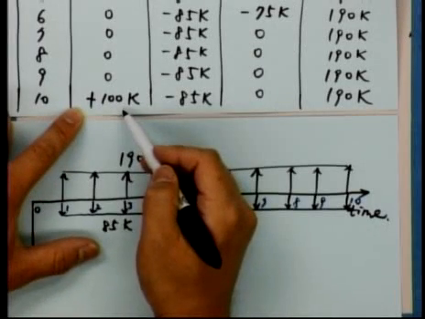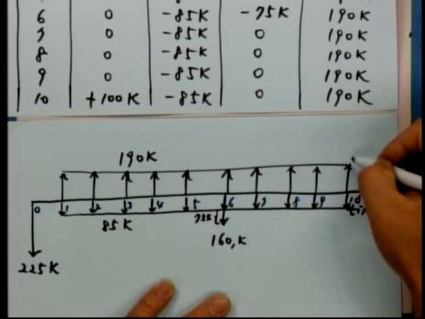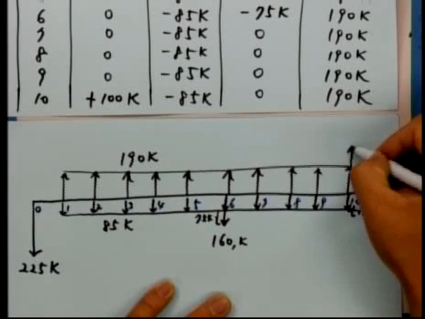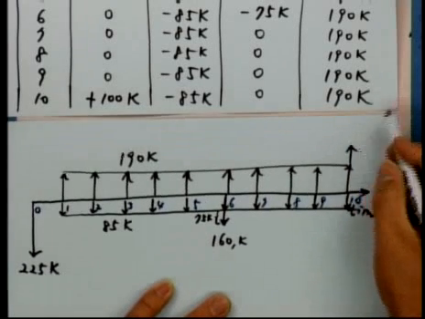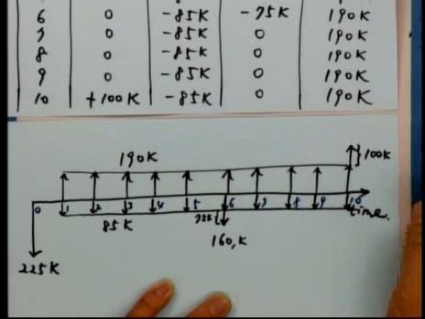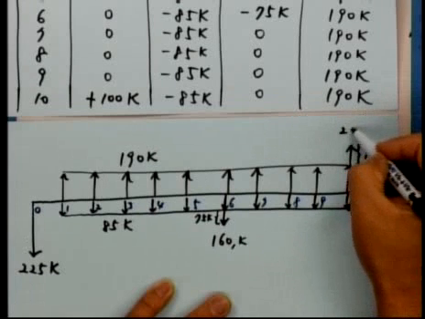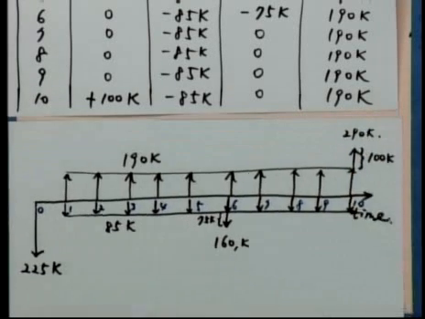This is going to be your benefit. So at the end of 10th year, you have additional 100K. So the total amount at the end of year 10 would be 290K, right? Okay.